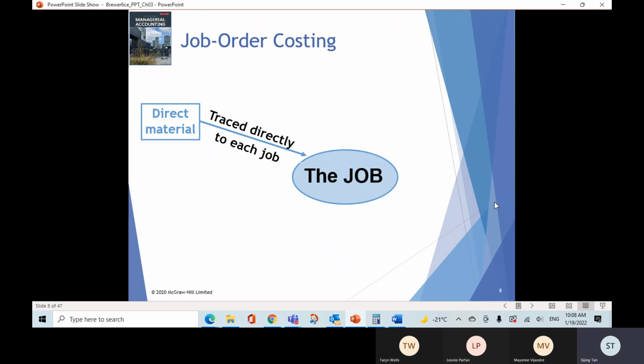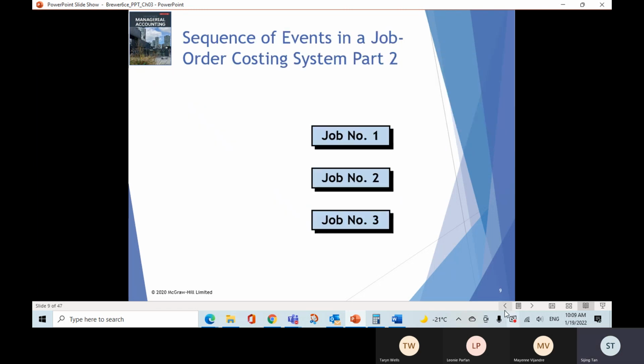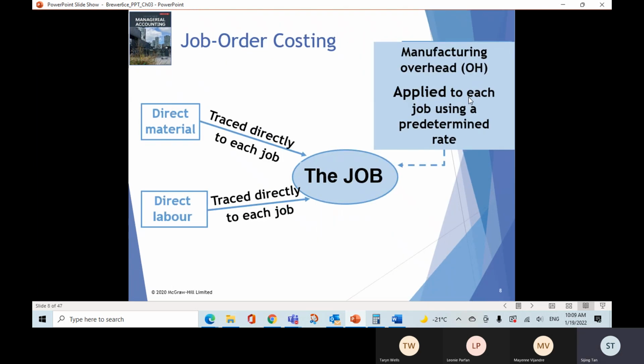Job order costing. The types of manufacturing costs. Right there, we determine the cost of a specific job in a job order costing system. The types of manufacturing costs assigned to products using a job order costing system: we see the direct costs, including direct materials and direct labor.